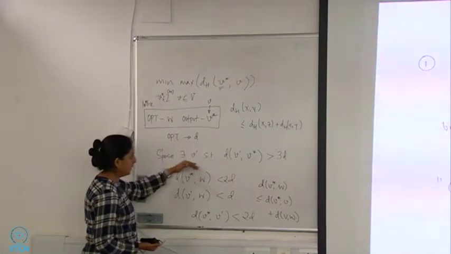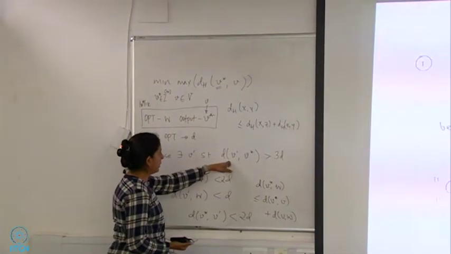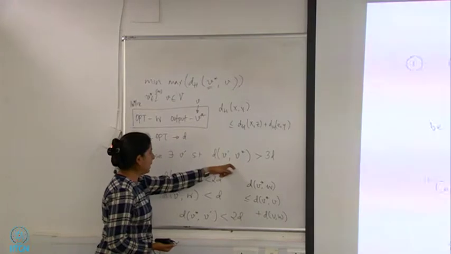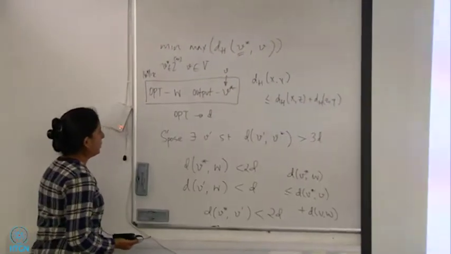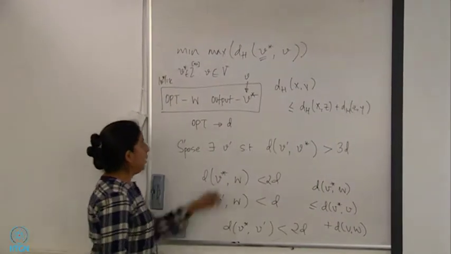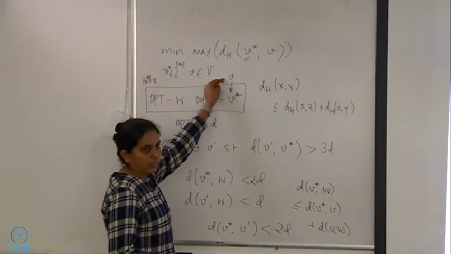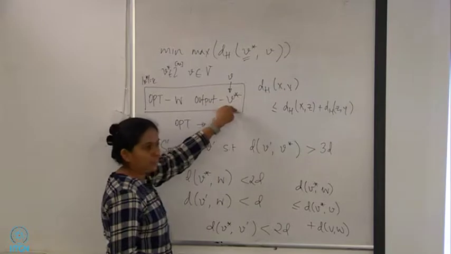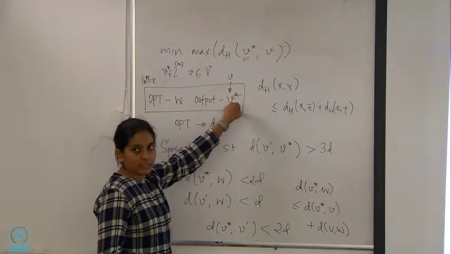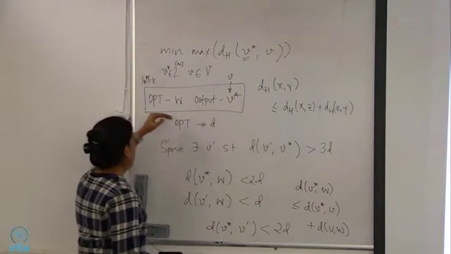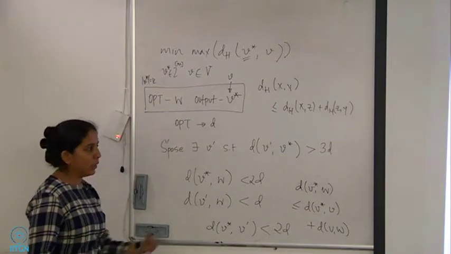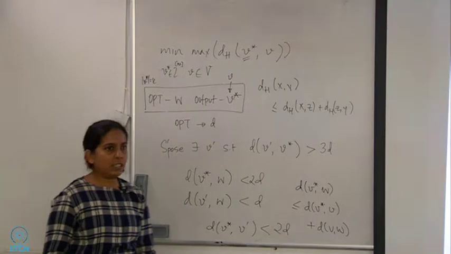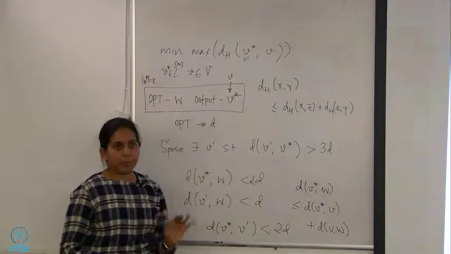So let's say that there is a V prime for whom the distance from V prime to V star is more than 3D. Just to recap the notation, V is the voter that our algorithm picked and then extended to K. So V star is the output of the algorithm and W is the optimal. W is some committee which may or may not be one of the input ballots, and V star also may or may not be.